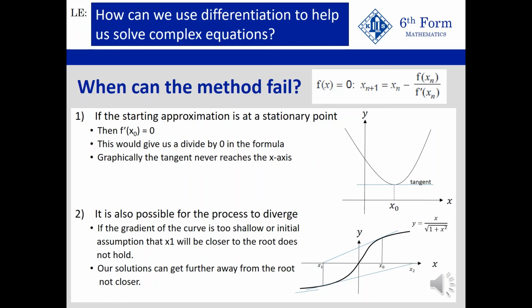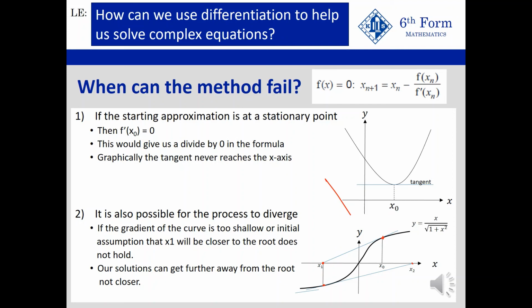The other time is this: the ones we've looked at converge towards an answer. They get closer and closer to the solution we want. But if a particular function is set up in a certain way, it may be that our answer diverges and gets further away from the point we're interested in rather than closer to it. If you take a quick look at the example down here, if we start with our value here, our tangent takes us over here, and then the tangent from there takes us over here.